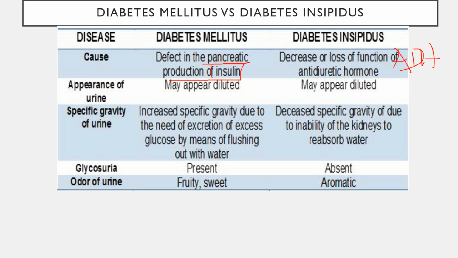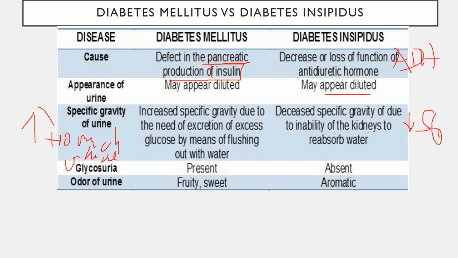So both diabetes mellitus and insipidus would cause urine to appear diluted. Then for the specific gravity, ang tatandaan nyo lang, the specific gravity of diabetes mellitus is increased. The reason, class, is that there is too much glucose in the blood. And if it's diabetes insipidus, there would be decreased SG.